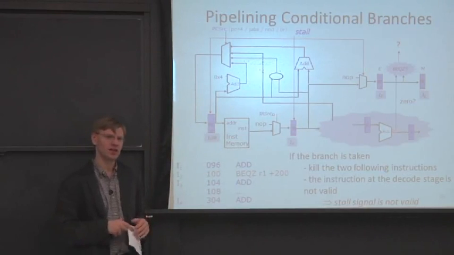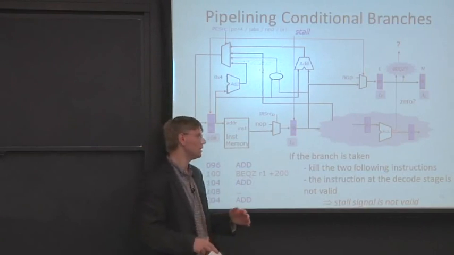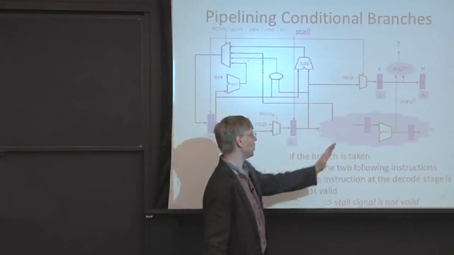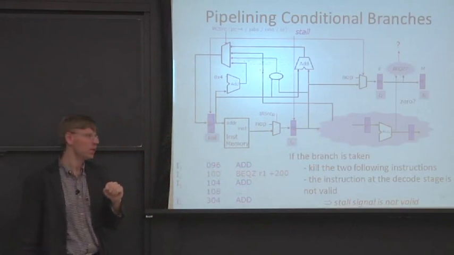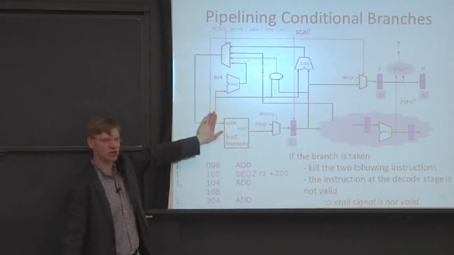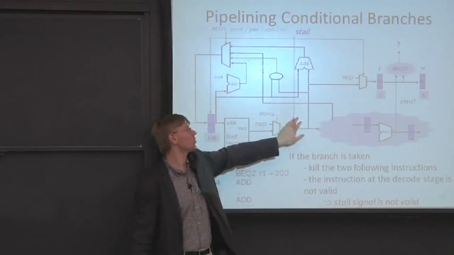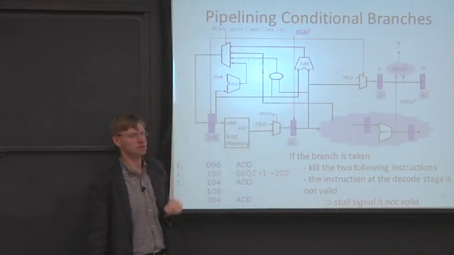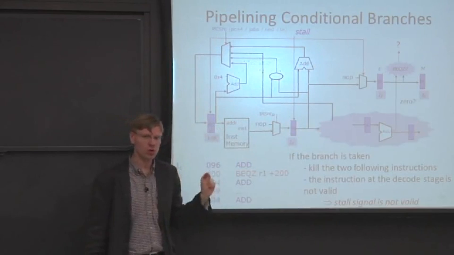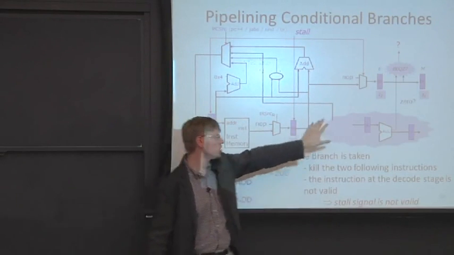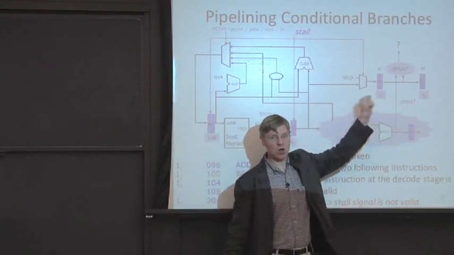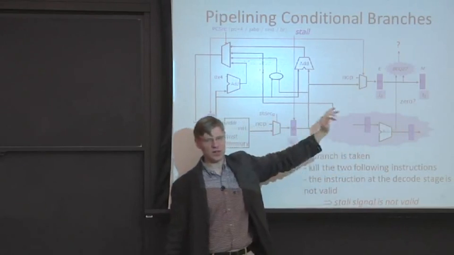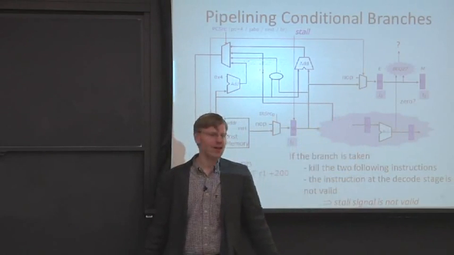And why is this important? Well, let's say we're stalling the front of the pipe and stall were to take priority. That would stop this register from moving and stop this register from moving as these red lines come in. So if the stall were to take priority, you could have an instruction here, which is, let's say, dependent on some stall condition or dependent on some data hazard or dependent on some random hazard.